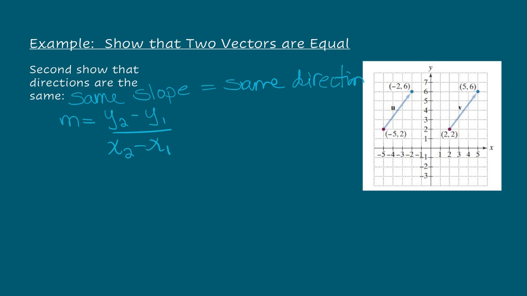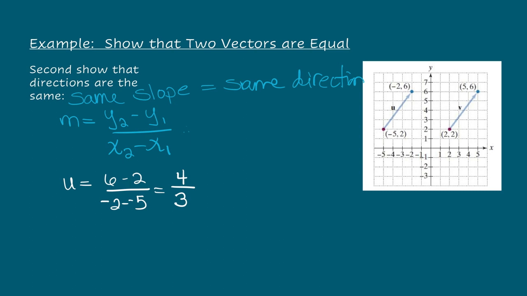We're going to use those same sets of ordered pairs, and we're going to check the slope for each vector. Let's do the slope for u first. For u, we're going to have 6 minus 2 over negative 2 minus negative 5, and we're going to get 4 over 3.